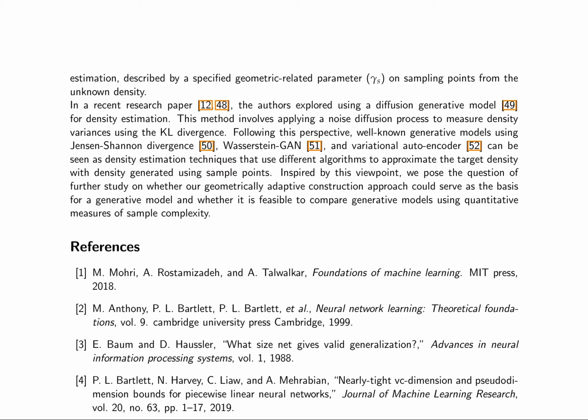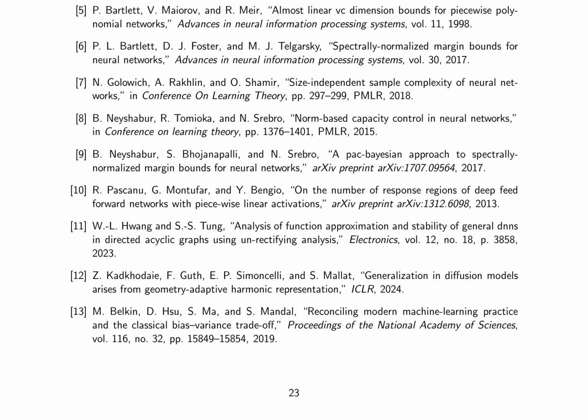The research discusses the application of geometric-related parameters for density estimation, building upon diffusion generative models. It explores the potential of using the geometrically adaptive construction approach as a basis for generative models and compares them using sample complexity measures. The authors draw from various theories, including machine learning foundations, neural network learning, and statistical concepts.